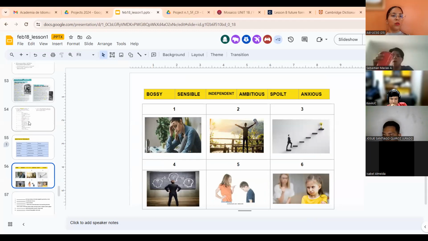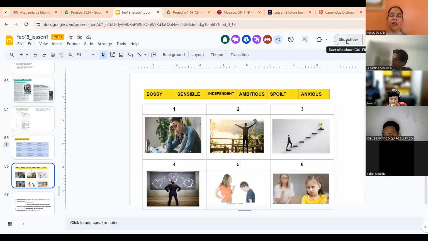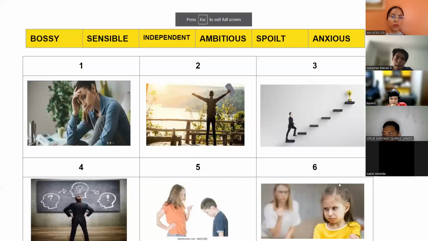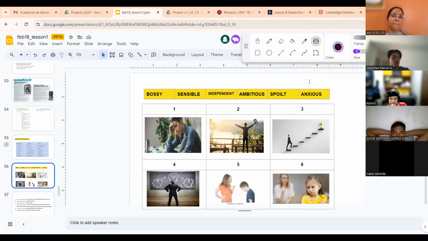All right, so let's see, what do we have? Okay, I told you to send me a voice message. Adjectives of personality. Now we are familiarized with the words, but let's associate the words with the pictures. Oh my God, I need my pencil.